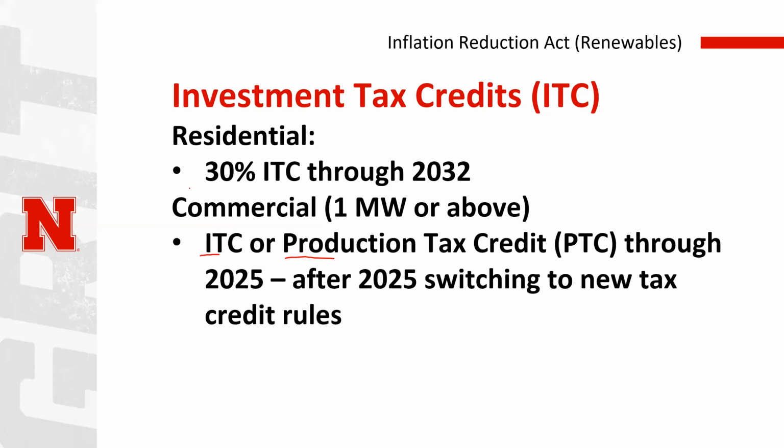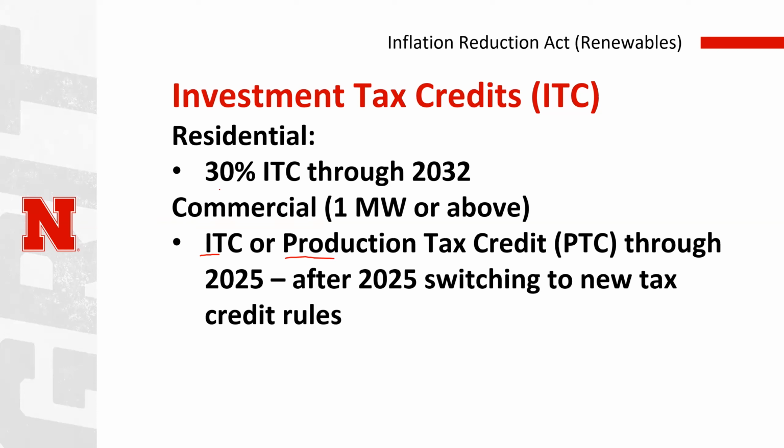The way that works is we simply fill out a form on our IRS taxes, and that form asks, how much did you spend on solar this year? You say $10,000. They say multiply that times 0.3, $3,000, and subtract that from your tax burden. Almost everybody is going to get it.